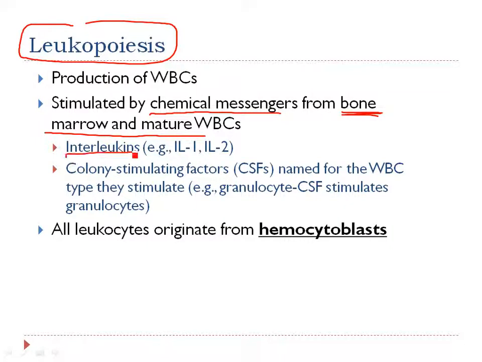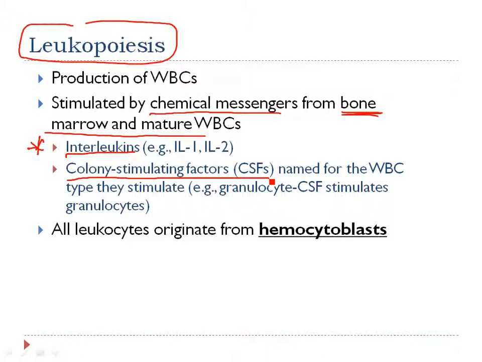These chemicals that help tell your bone marrow to make more of this particular white blood cell versus another fall into two groups, interleukins and colony stimulating factors, or CSFs. Both of these are involved in triggering the production of more of the various types of white blood cells that you need.